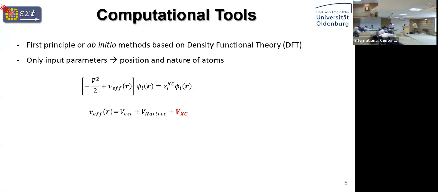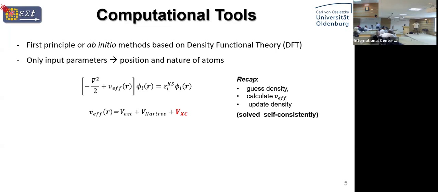For those of you who might know already, but for the new audience, I would like to give a recap of what we essentially do. It's a self-consistent problem. As the name says, it's a density functional. So we guess the density, the distribution of electrons in our system based on their positions, and then we calculate this effective potential, then we update our Hamiltonian, and then we recalculate this electron density.